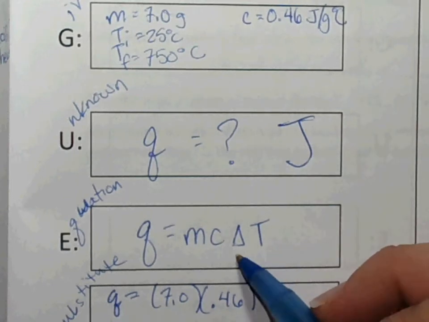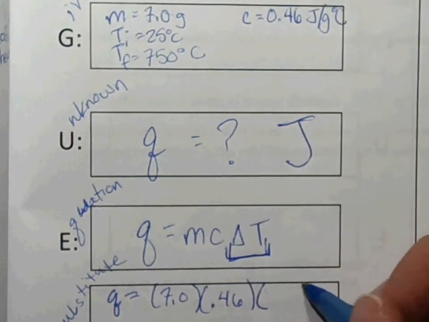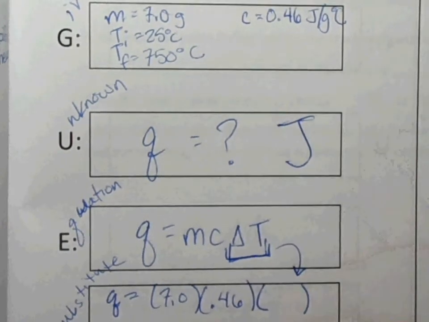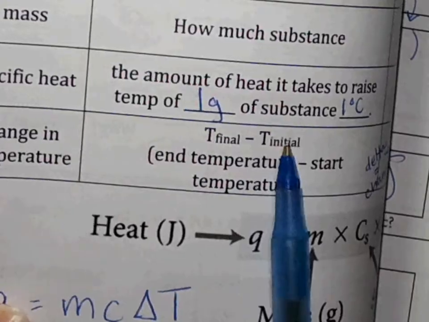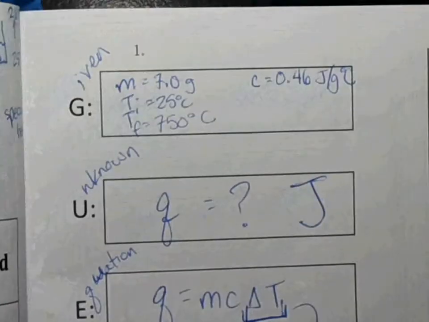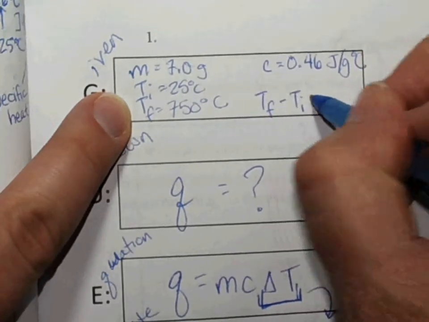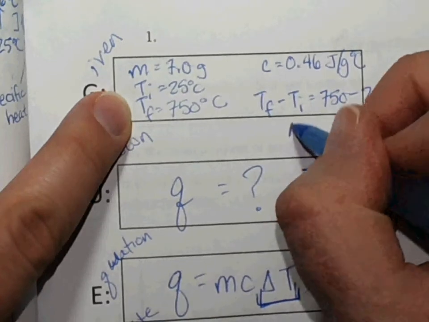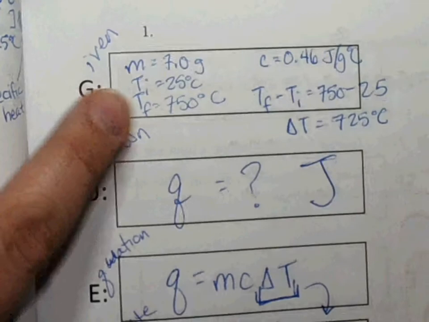And then delta T, this is one variable, so I'm going to plug in one thing for that. But remember that delta T is the calculated change, and we calculate it by doing final minus initial for our temperatures. So since we had two temperatures here, we have to subtract T final minus T initial, 750 minus 25, to get our delta T, which is 725 degrees Celsius.